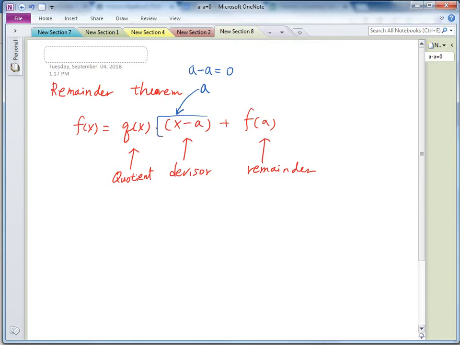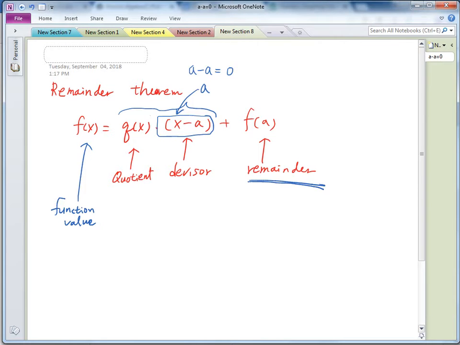Whatever you get, this will be 0. 0 times whatever, what do you get? Everything will be 0 here. So the theorem says f of a is the same as the remainder when you plug in a. Your function value at a is going to be the same as your remainder.